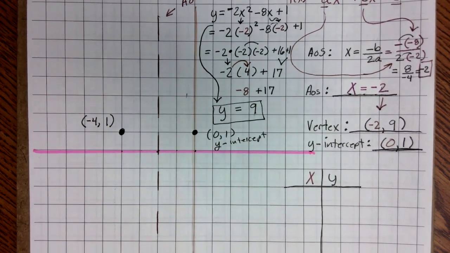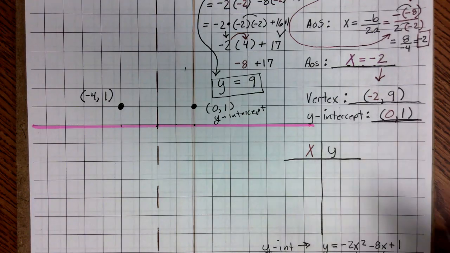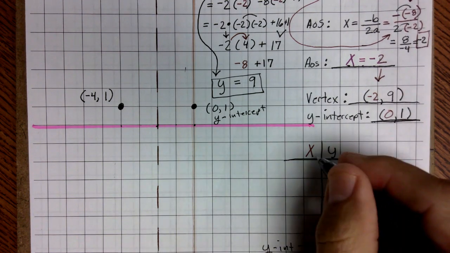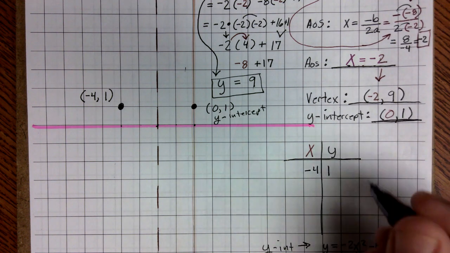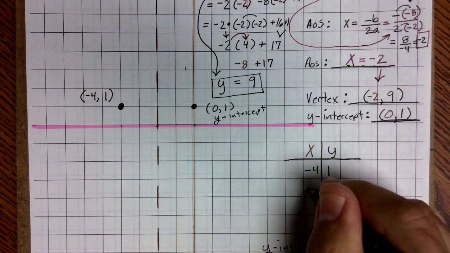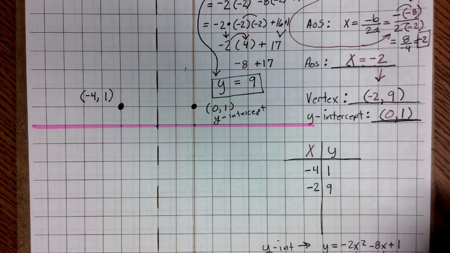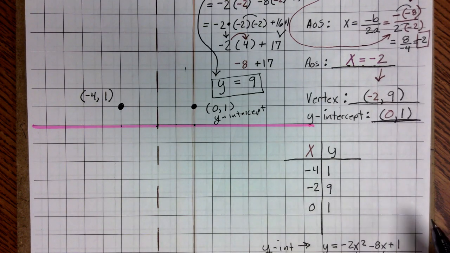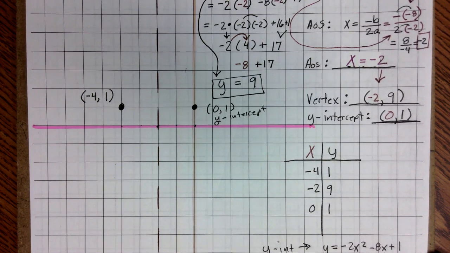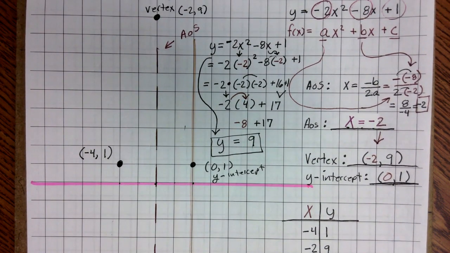So now I have 3 points. I noticed that some of your teachers wanted you to put those points into a table. So I'm going to go ahead and do that. I'm going to put right here, we have -4, 1. That's the last point we graphed. We then have our vertex, -2, 9. And we then have our y-intercept, 0, 1. So now I've also filled in a table with those values that we found. The last thing that I have to do is go ahead and graph this.